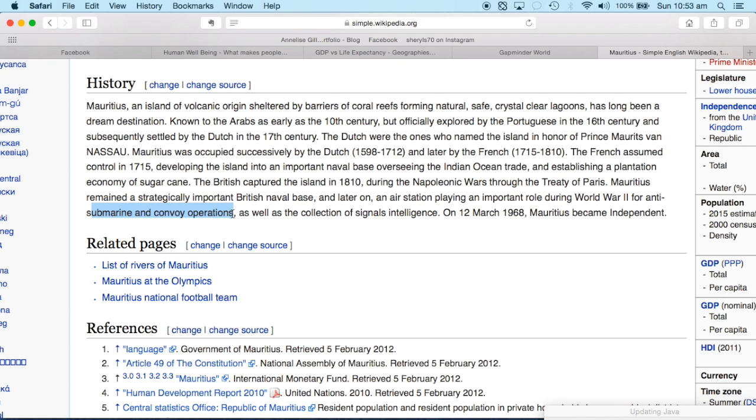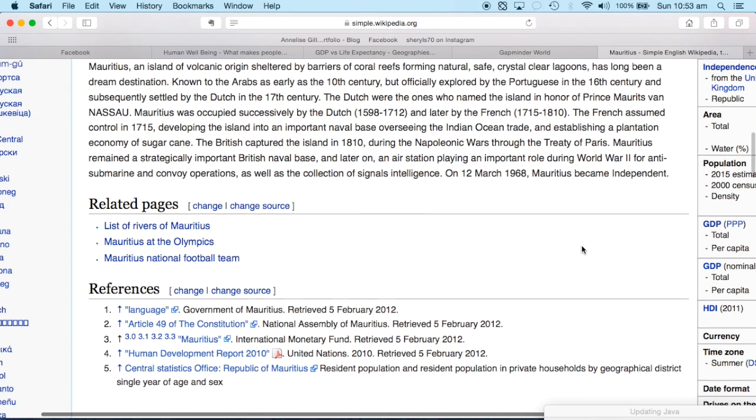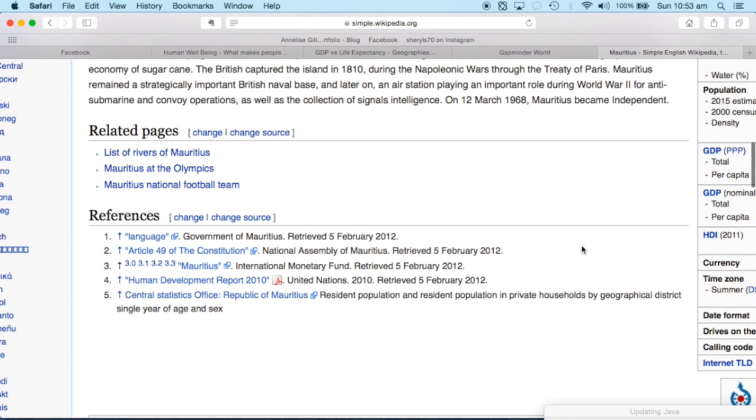So I'm just going to write down that it was a Navy base, the 1940s. And 1968, it became independent. So I'm just writing these down because I want to transfer those dates over to the graph and see whether that affected the population and the life expectancy of those people.